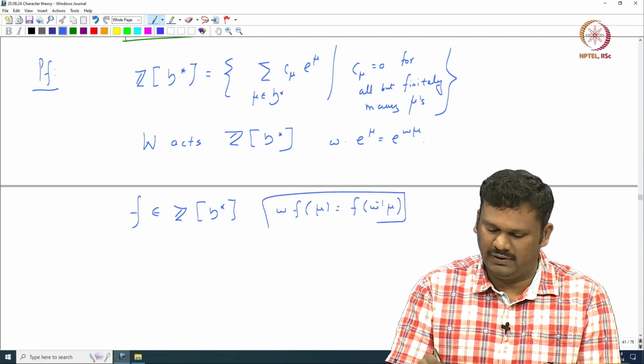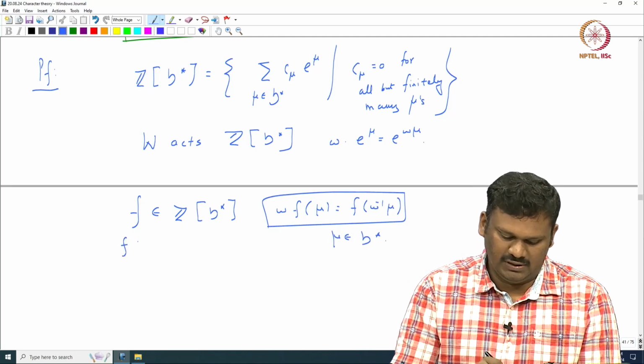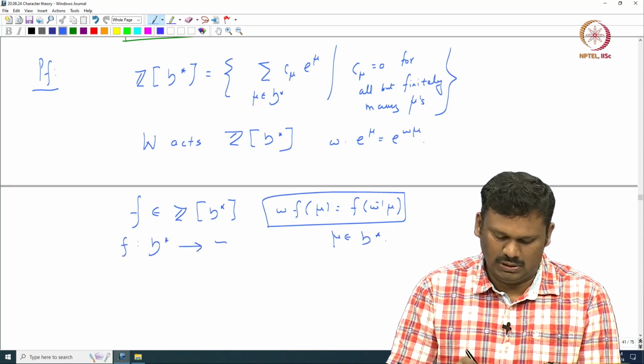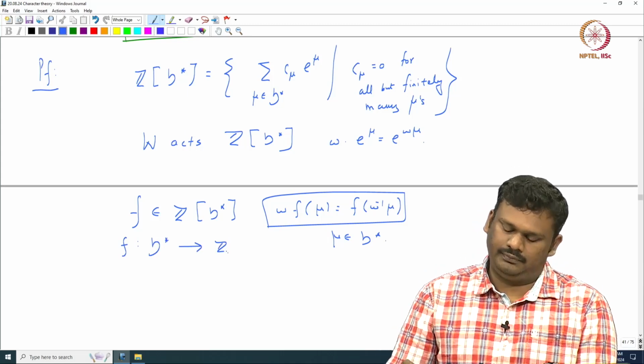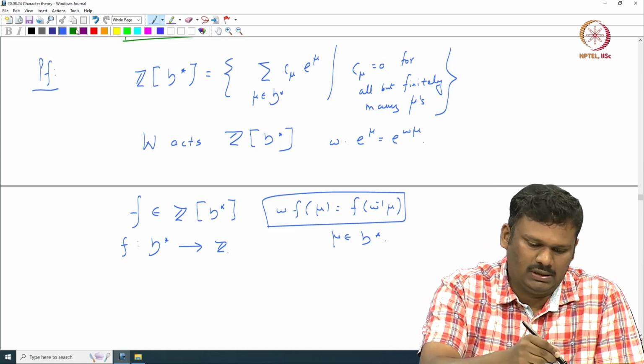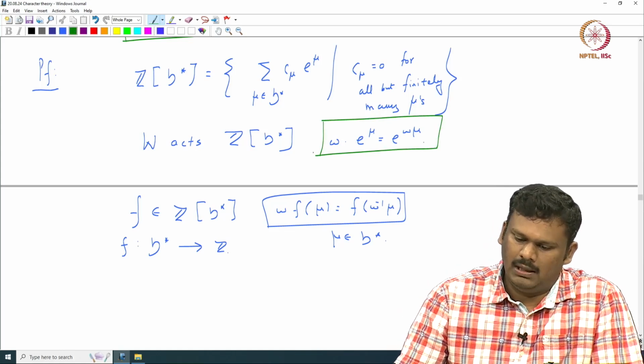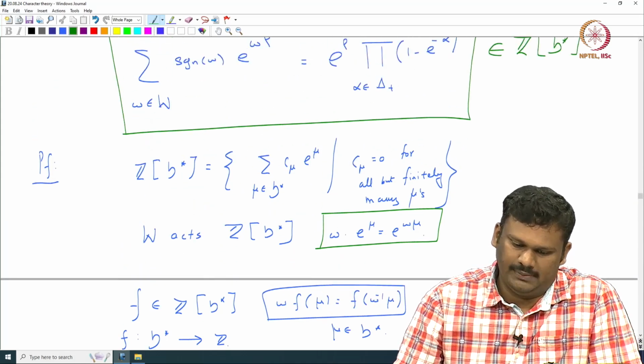This is how you define the map, because f is a function from H star to Z. So it is okay to work with this. Let us work with this and see what is happening.